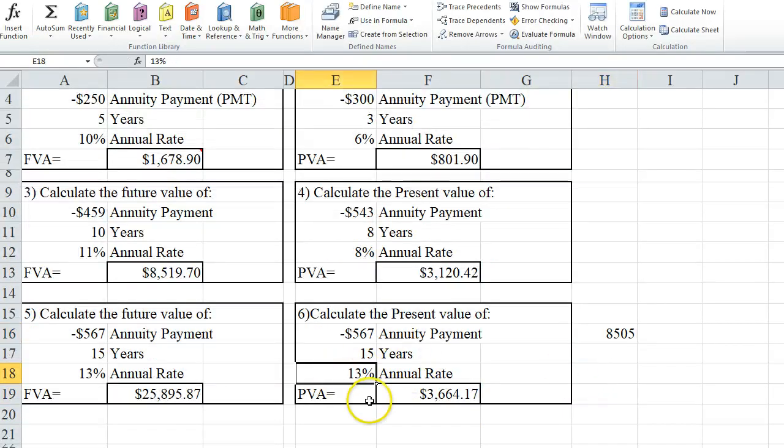So if we said this was a 0 rate, we get that 8,500 here. But since we're discounting at a heavy 13%, it takes almost $5,000 of that money away just for discounting.